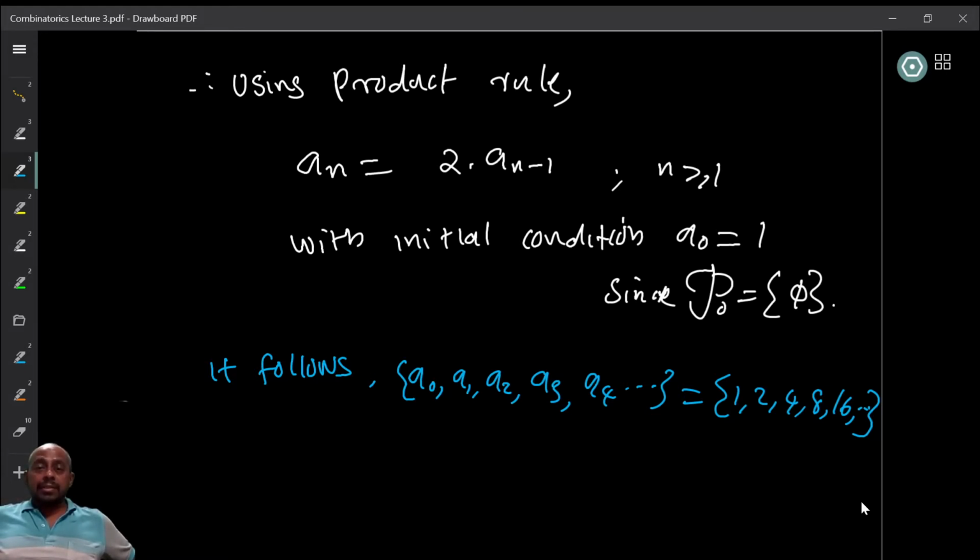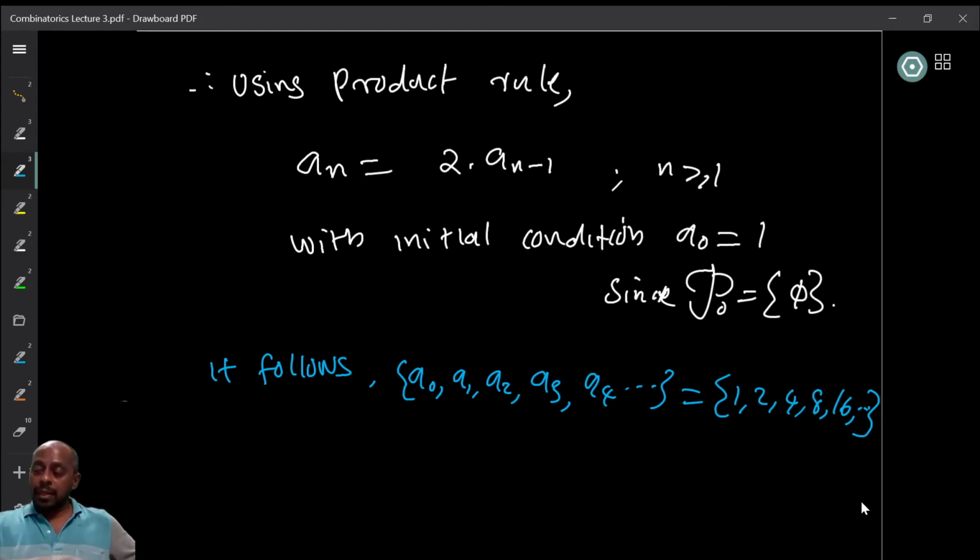From this we can guess the value of a_n. We see that a_n is something like 2 raised to n. And once we have the guess, we verify it, and we can use induction to prove it.